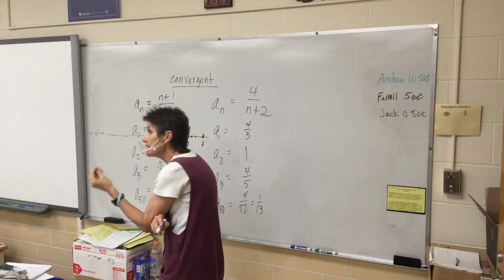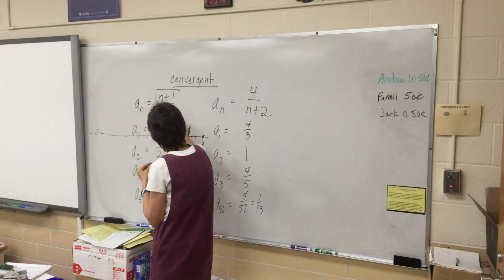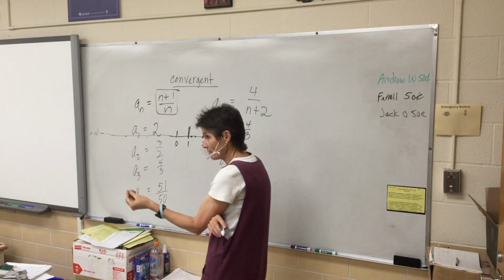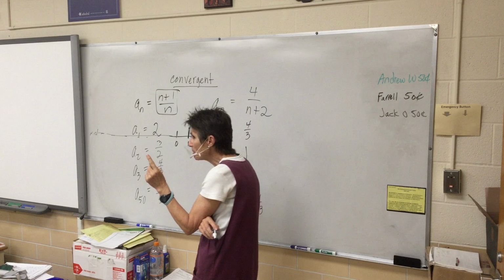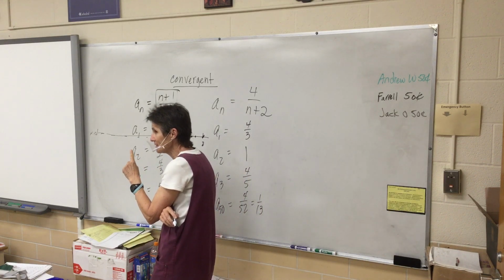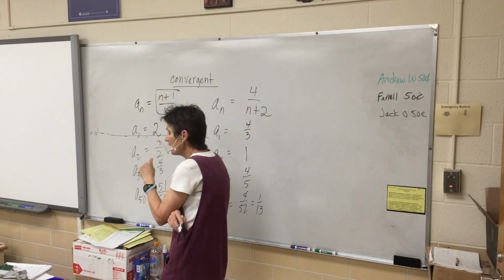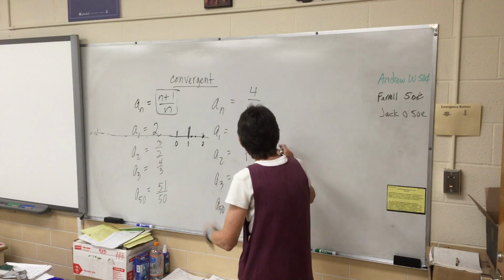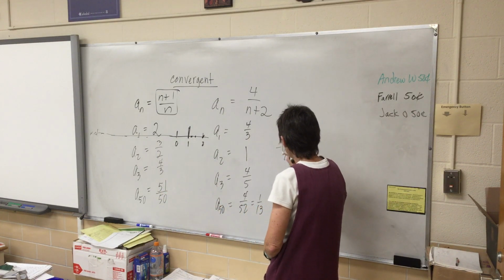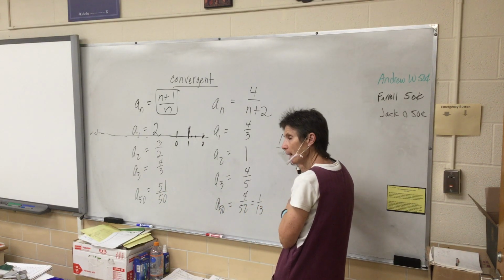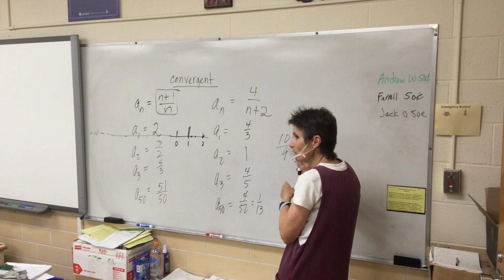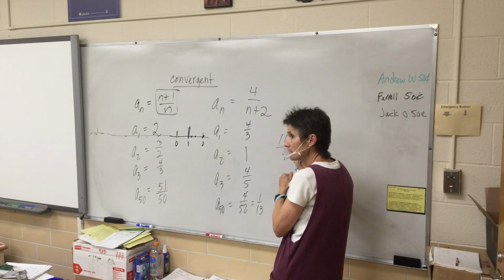Exactly. In this fraction, won't the numerator always be 1 bigger than the denominator? And when you have a numerator that's 1 bigger than the denominator, isn't that always going to be bigger than 1?